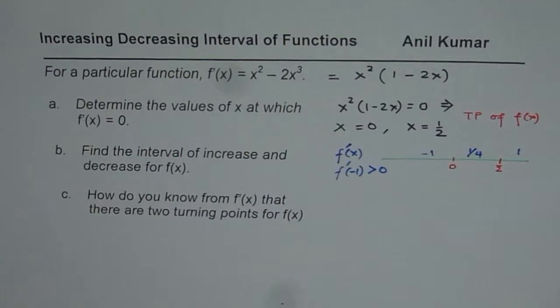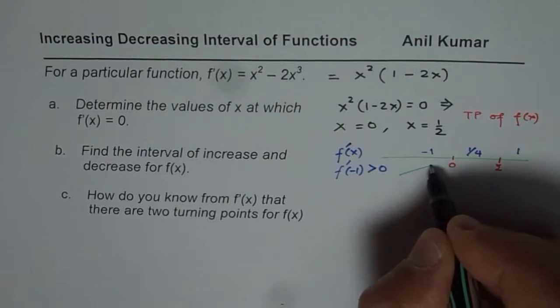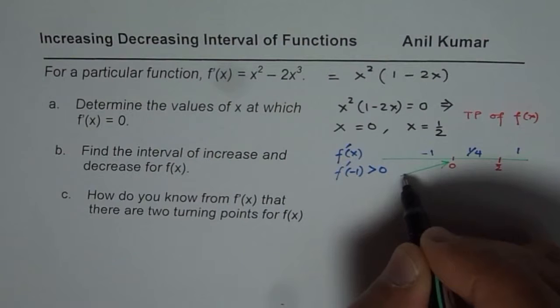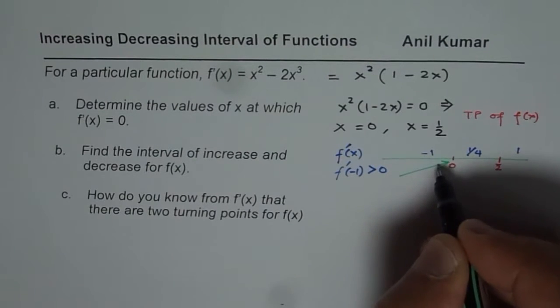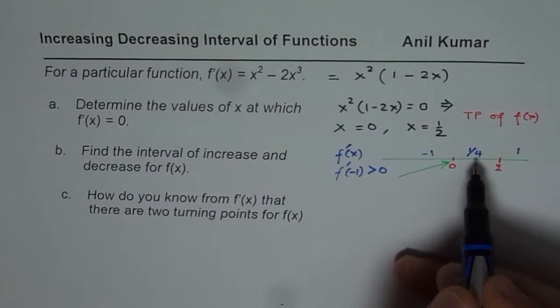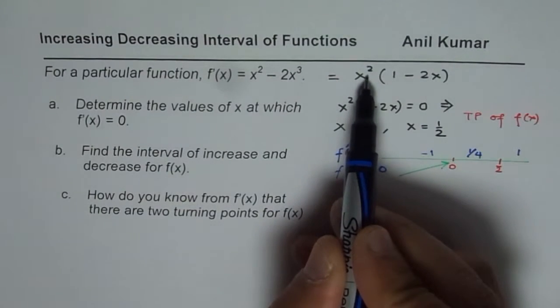Since it is positive, on the left side of 0 the function is increasing, since the slope of the tangent is positive. If I substitute 1 over 4, x squared will always be positive, correct?